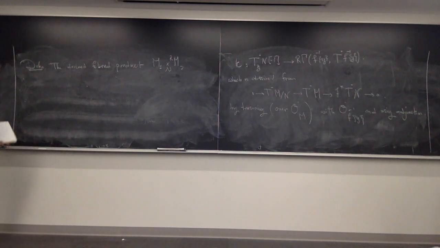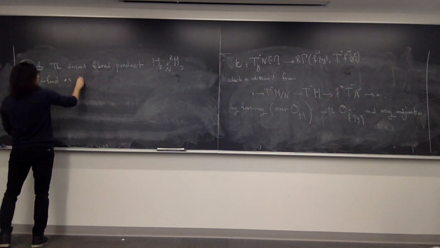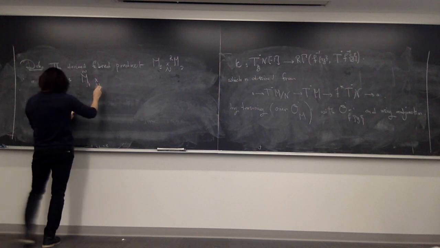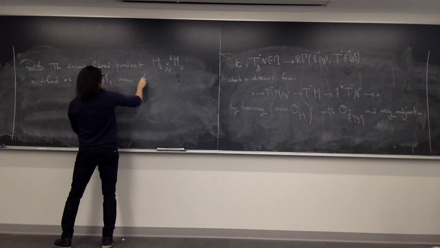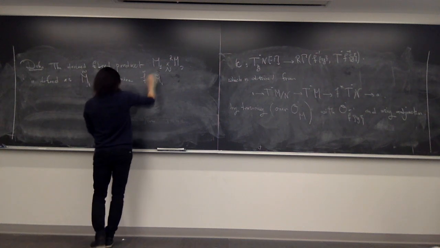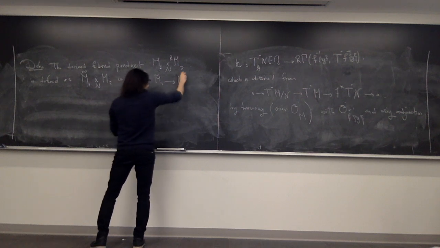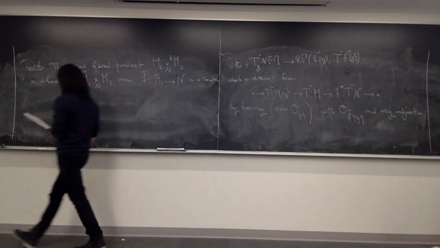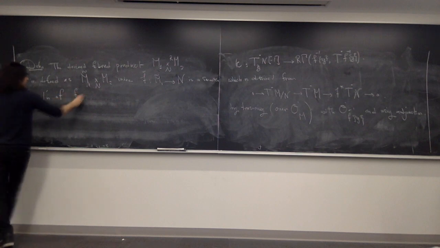The derived fiber product of these two is defined as M1 tilde fiber product with M2, where F tilde from M1 tilde to N is a smooth resolution of F from M to N.